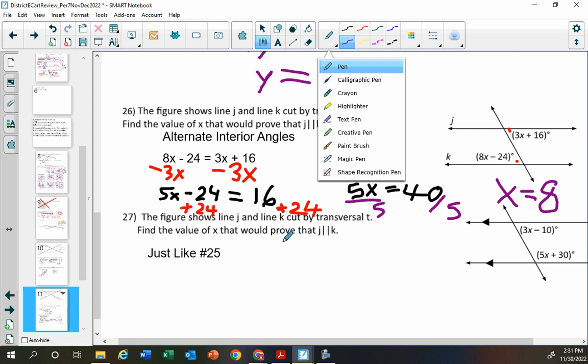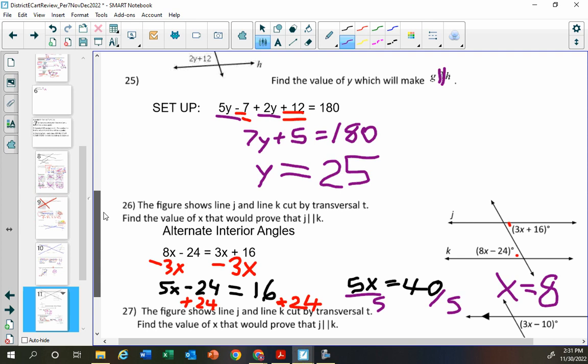They're both going to add up to 180. You can try 27. You don't have to do it. I'm not going to go over it because you know how to do 25. 27 is the exact same. I don't want to worry about something you already know or should know by now. 27 is like 25.